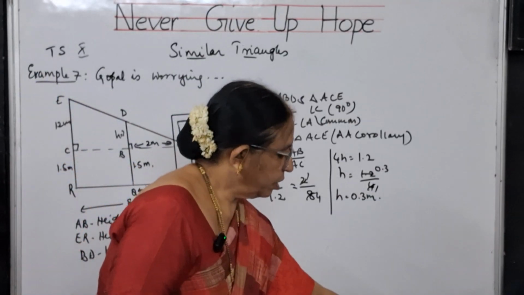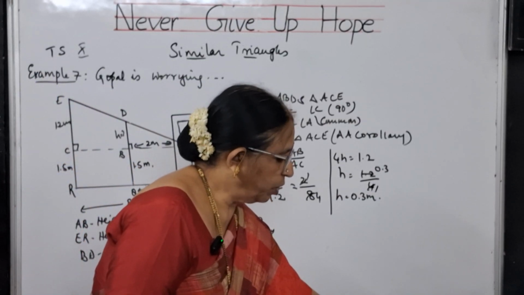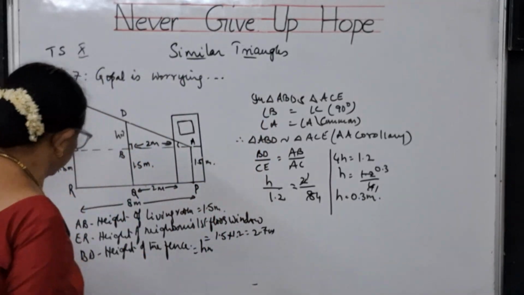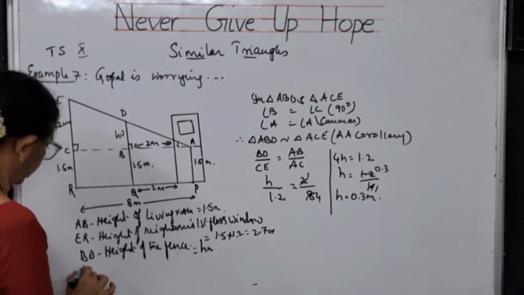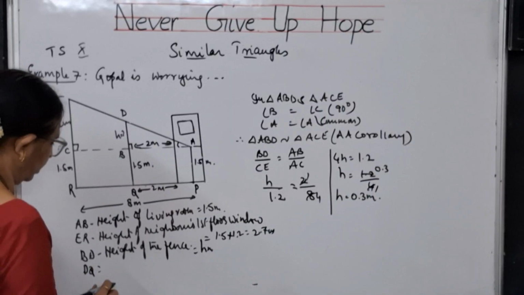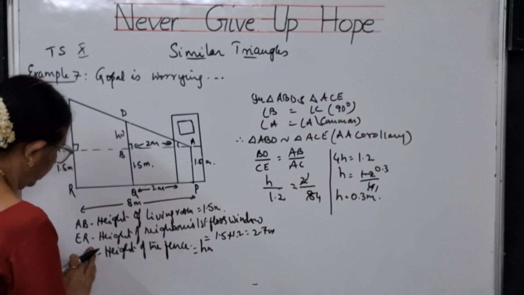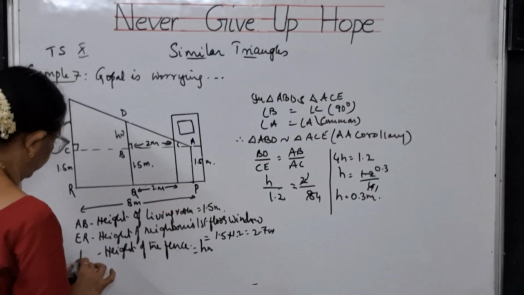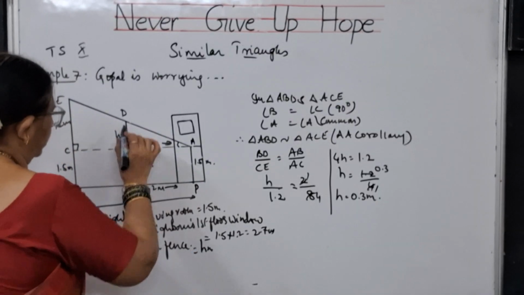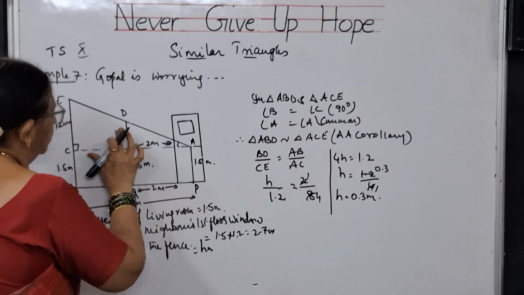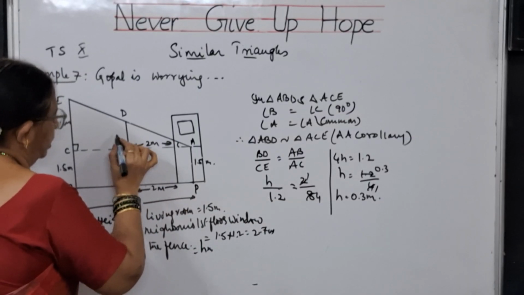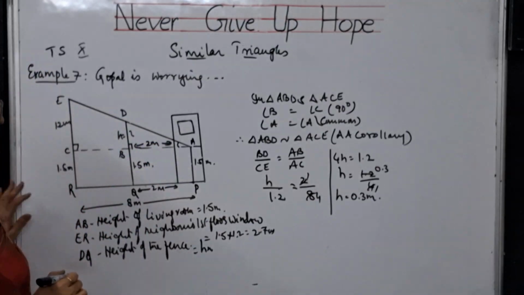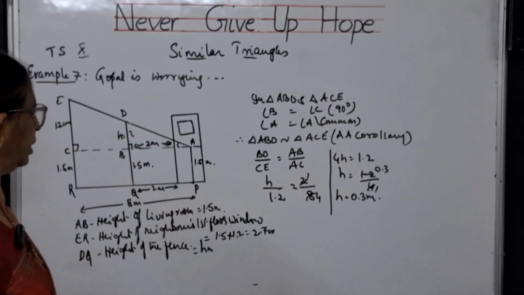The question is what should be the height of the fence, and the total height they are asking. So DQ is the height of the fence. This whole thing we will consider as 1.5 plus h, with 0.3 meters.